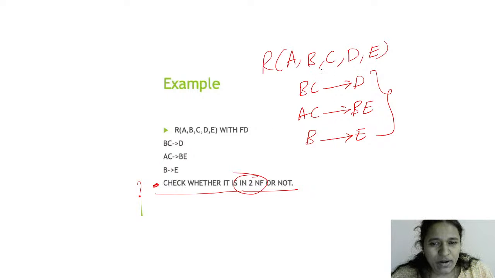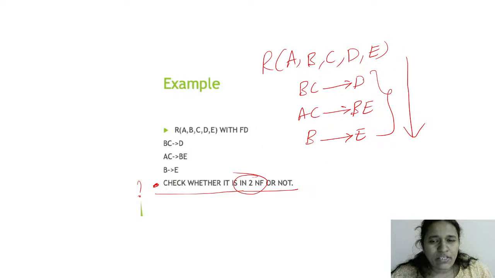Always you should write the functional dependencies vertically like this. Don't write the given functional dependencies horizontally, because we cannot observe them properly. That's why always write them one by one like this.